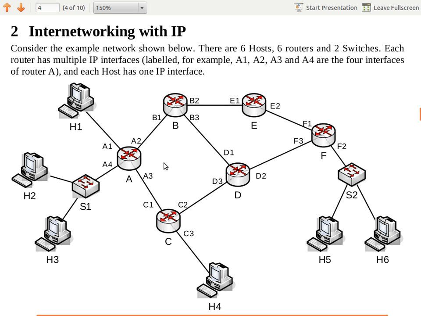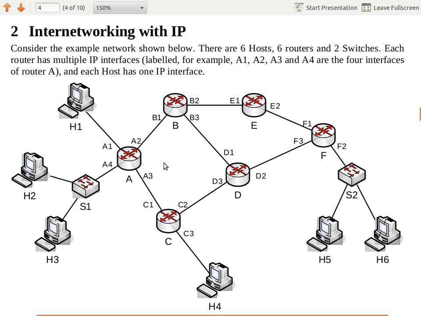If I draw it quickly, something like that, if you look at it from the routers and the subnets, they're these cloud-shaped objects.